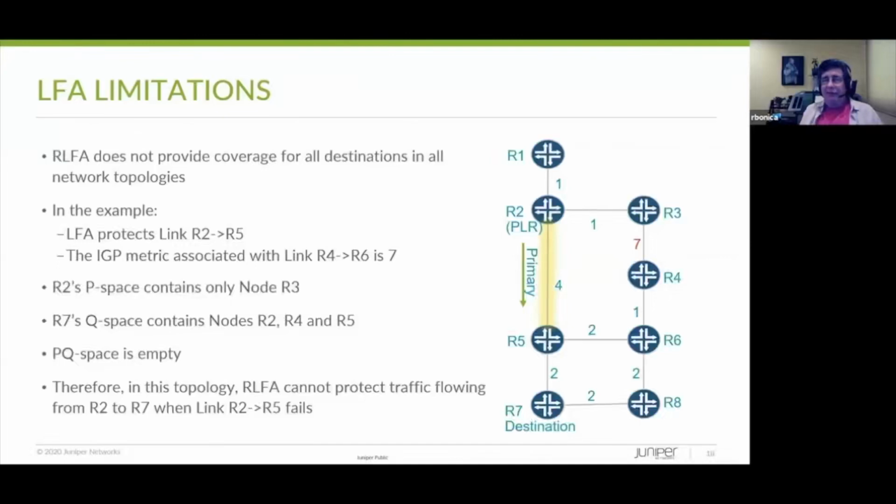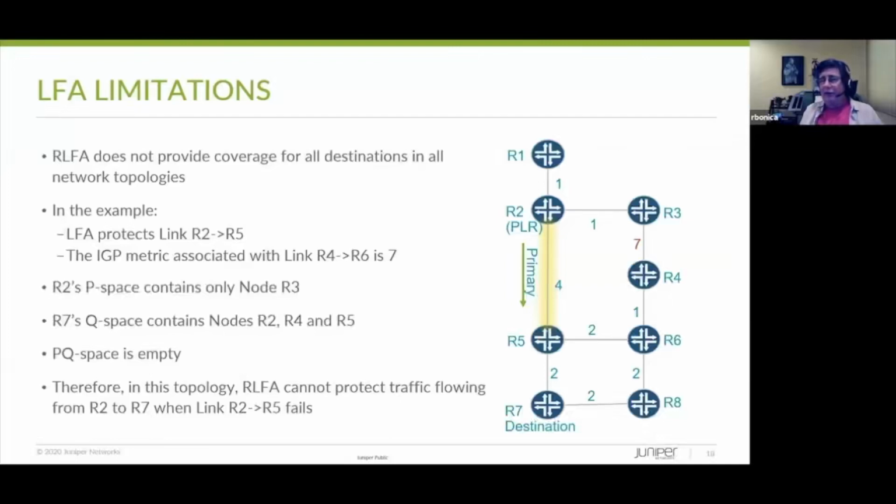In this example, again, R2 protects, LFA protects the link R2, R5, and the IGP metric associated with R4, R6 has been cranked up to 7. Now, R2's P space contains only node R3. Because the IGP metric from R3 to R4 is so high, that path through R3 basically is the least cost path to nowhere.